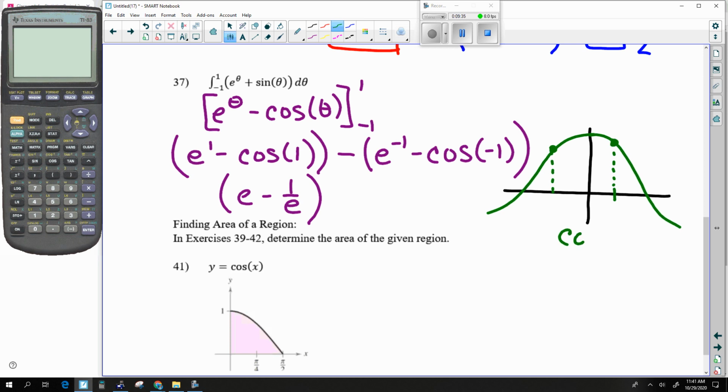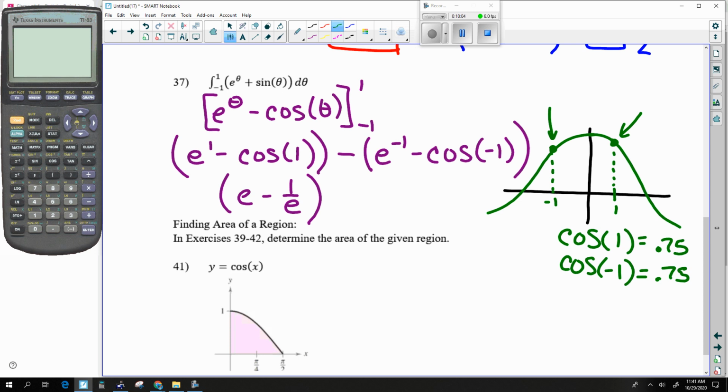So if I say, what is the cosine of 1, it's going to give me a value, and I'm just going to make this up, 0.75 or something. But what would be the cosine at negative 1? Well, it would also be 0.75. This is called an even function.